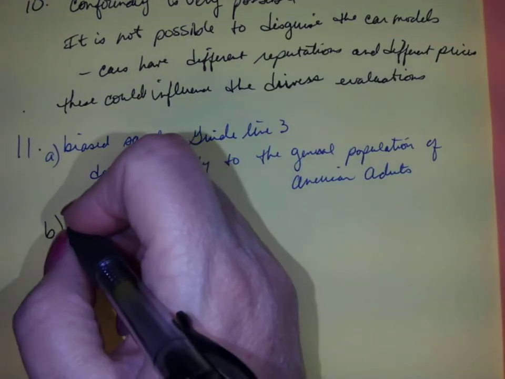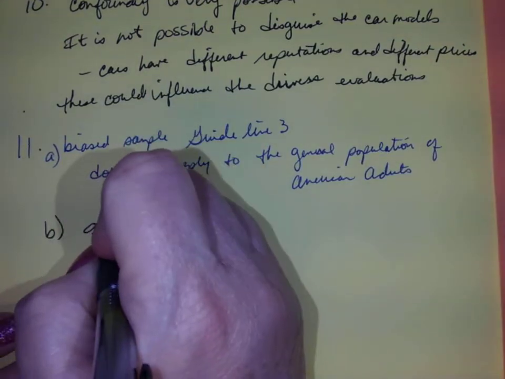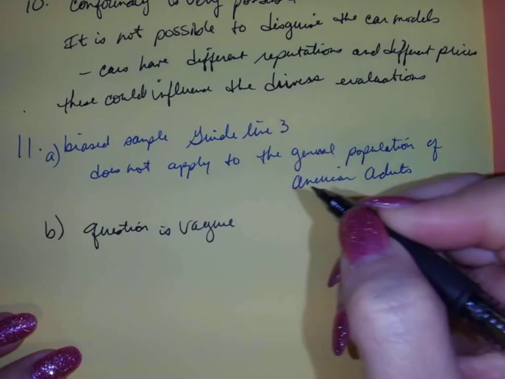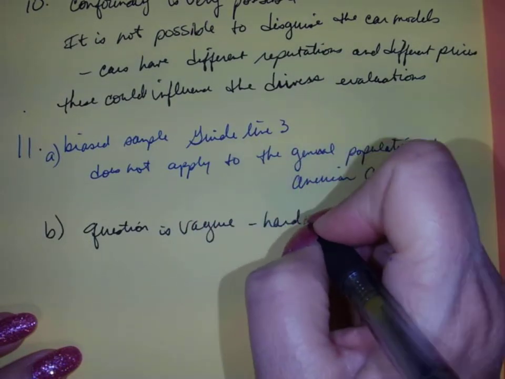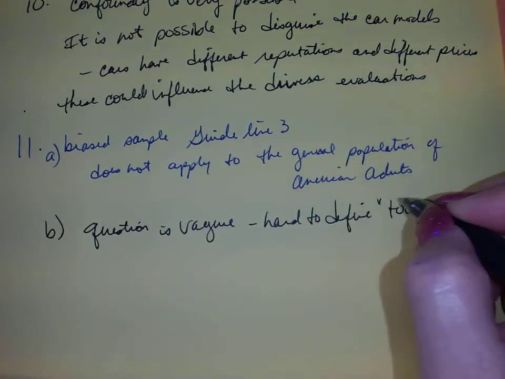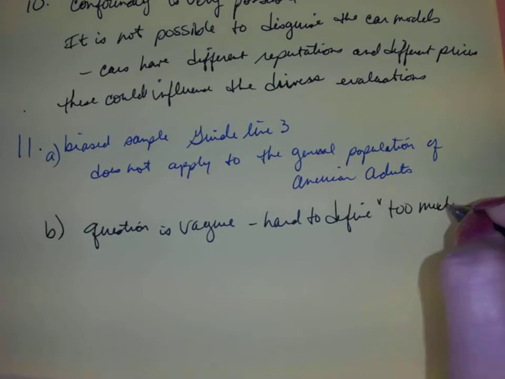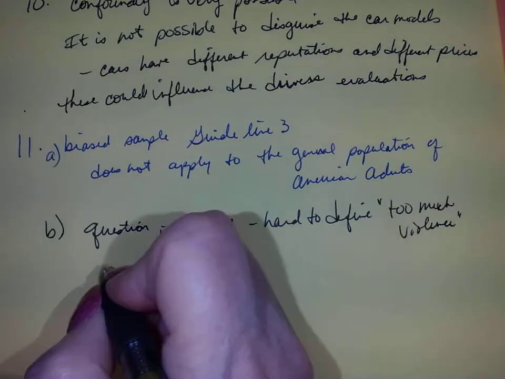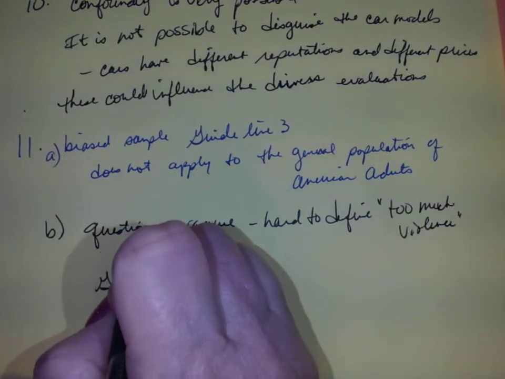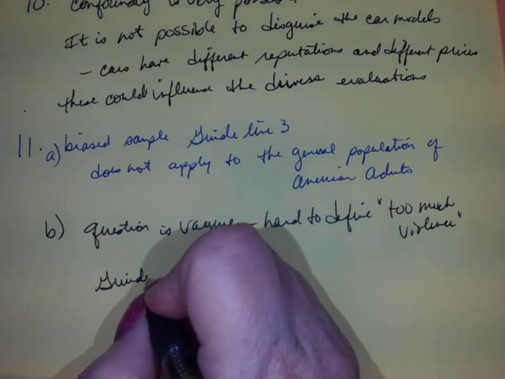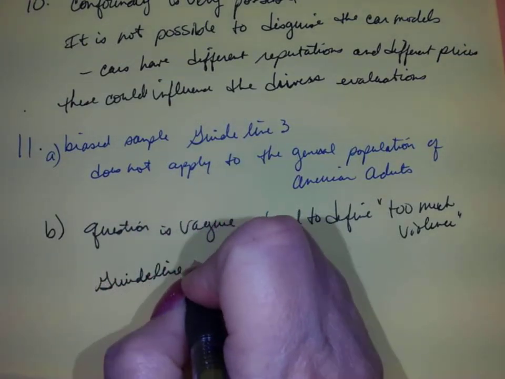So we're going to say the question is vague, hard to define, too much violence. So we're going to say it's guideline 4.